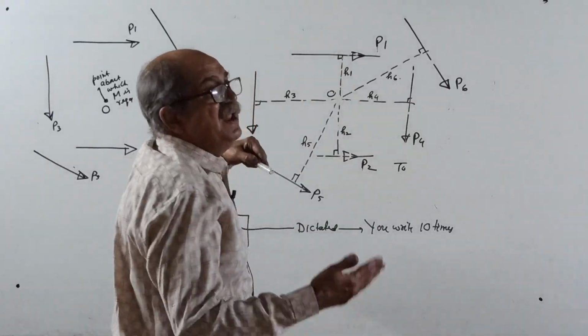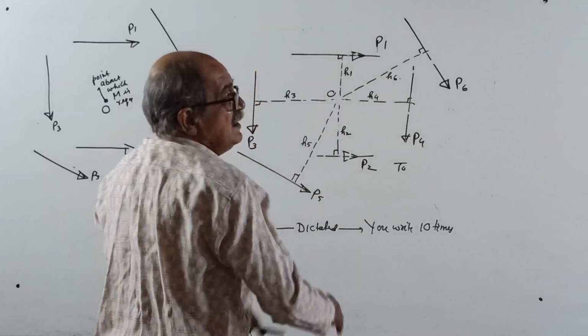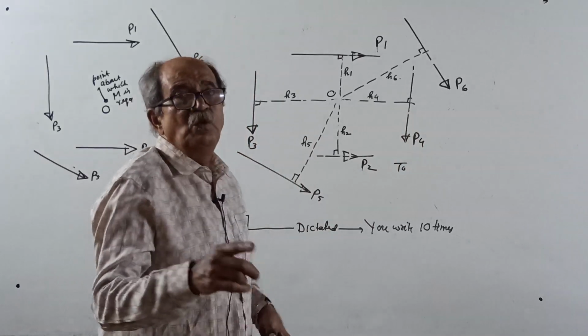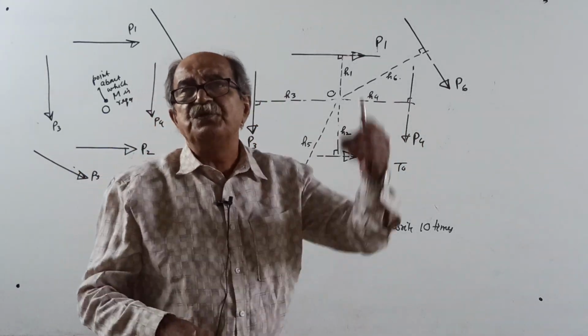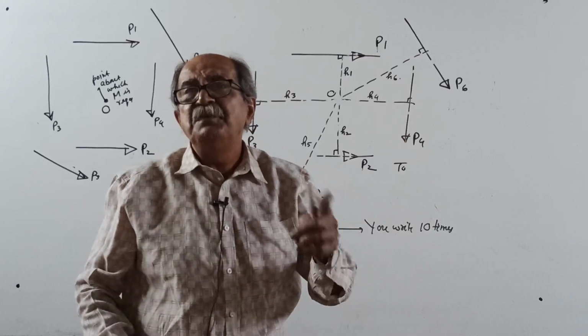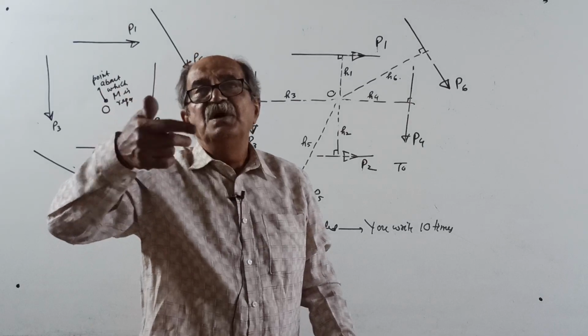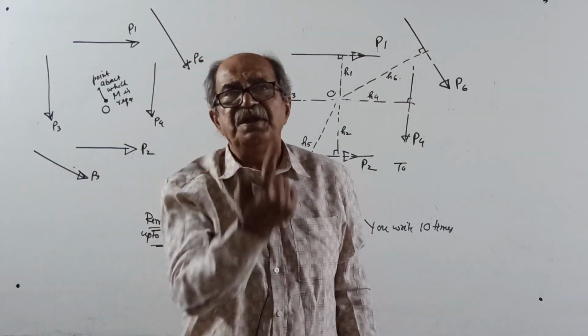Where is the moment there? Is it a moment? Vertical into horizontal. So, last note: if the force is vertical, the multiplying distance is horizontal. If the force is horizontal, the multiplying distance is vertical.